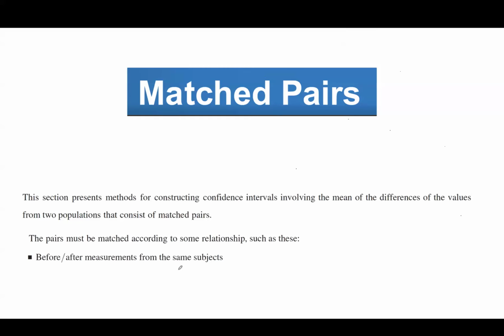So this is the exact same group of people, but you measure their weights before and after. Another one can be IQ scores of husbands and wives. Interesting one. Measured versus reported weights from a sample of subjects.